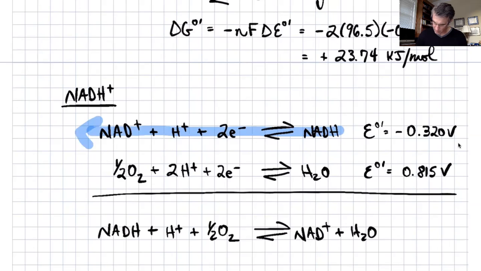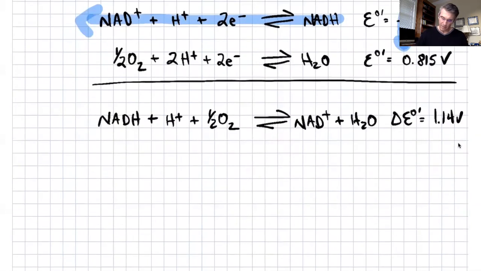And if you calculate the standard reduction potential, you flip the sign around here, add these two values up, you end up with our standard reduction potential difference. That equals 1.14 volts.